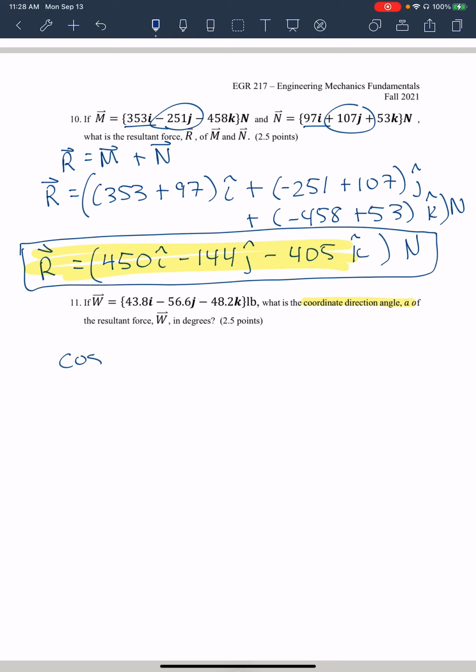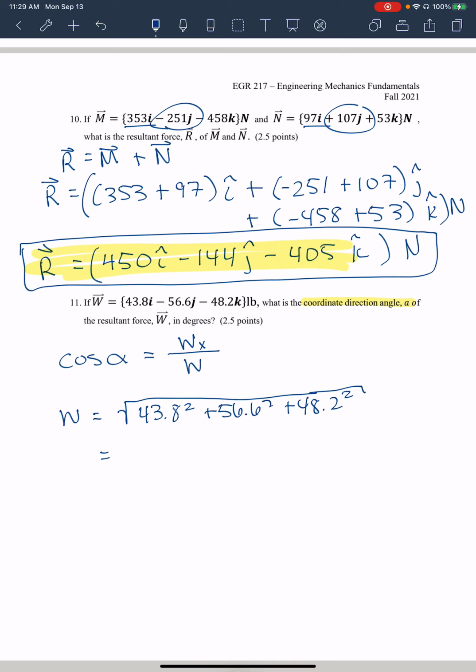So cosine of alpha equals W of x over W. So the W of x is that x component of the W, and then we divide that by the magnitude of W. So W is going to equal the square root of 43.8 squared plus 56.6 squared plus 48.2 squared.